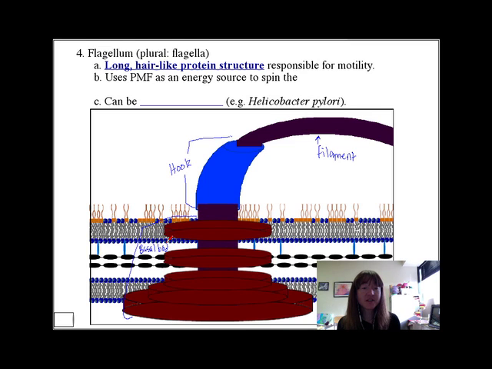And we can further distinguish parts of the basal body. For example, you have the L ring. This is the P ring. Down here we have a couple of additional rings. This is the MS ring. And then finally the C ring.